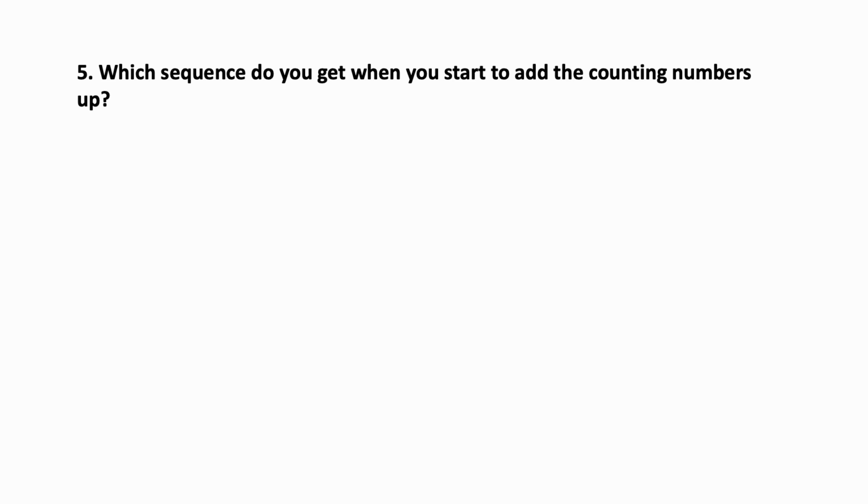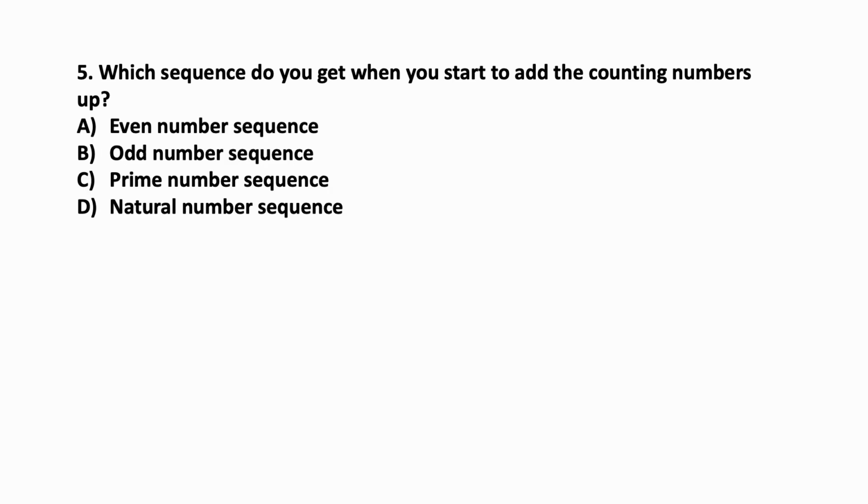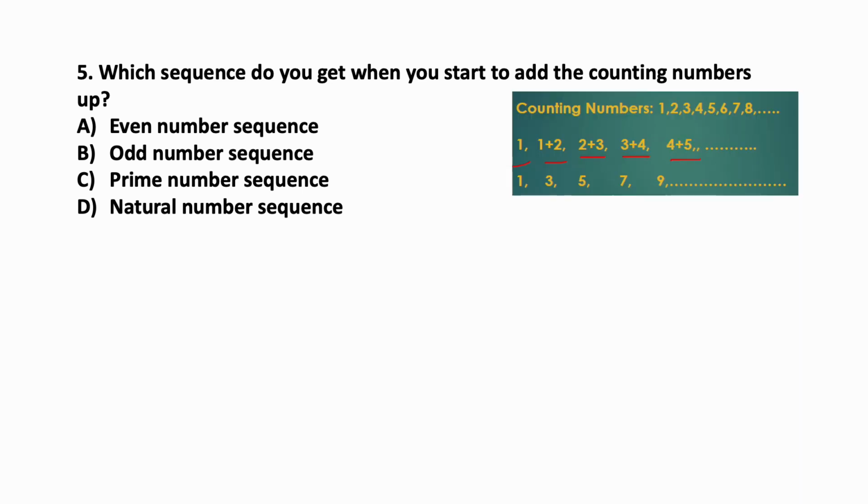Which sequence do you get when you start to add the counting numbers up? Options are even number sequence, odd number sequence, prime number sequence, natural number sequence. Which are the counting numbers? 1, 2, 3, 4, 5, 6, 7, 8, etc. So, when you start to add the counting numbers up, what will you get?